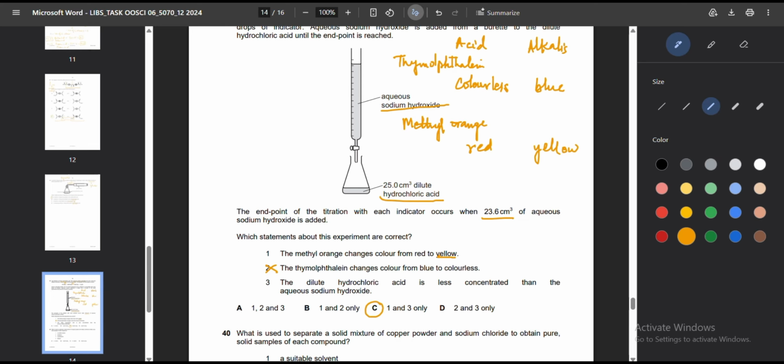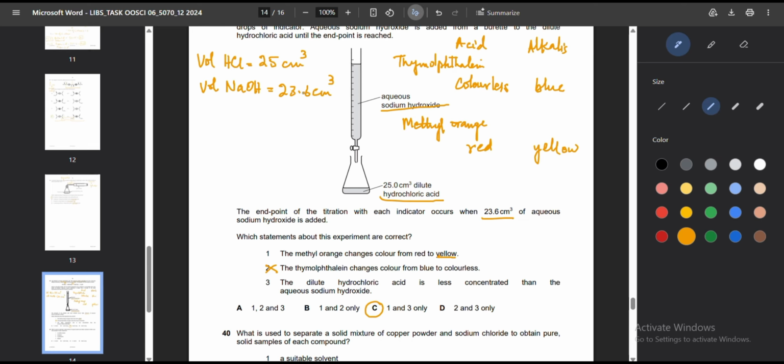Over here you can see what the volume of HCl is. The volume of HCl that we have taken with the help of the pipette is 25 cubic centimeter. The volume of NaOH that has been used to titrate this acid is 23.6 centimeter cube.